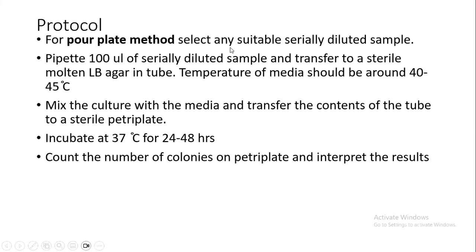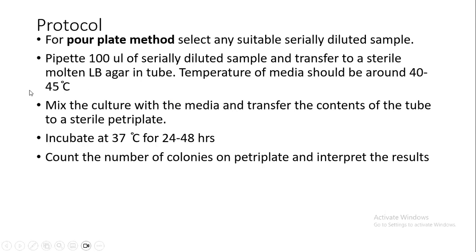For the pour plate method, we are going to similarly choose a suitable serially diluted sample for further procedure. We need to take 100 microliter of the serially diluted sample and transfer it to sterile molten LB agar in a tube. The temperature of the media should be around 40 to 45 degrees Celsius.